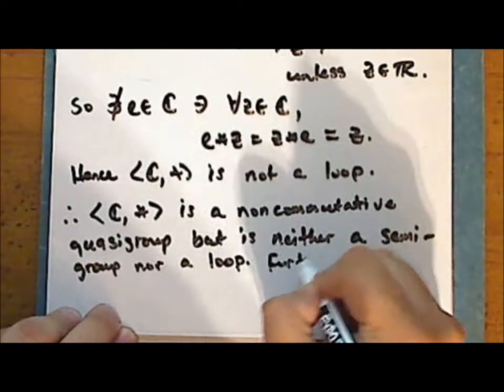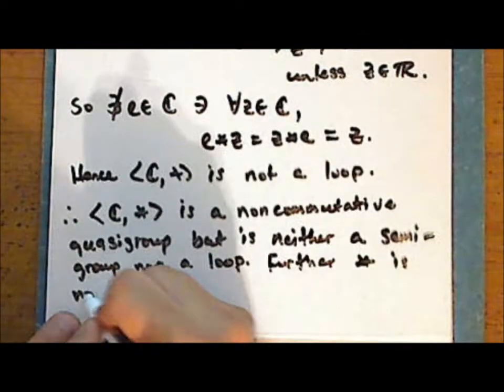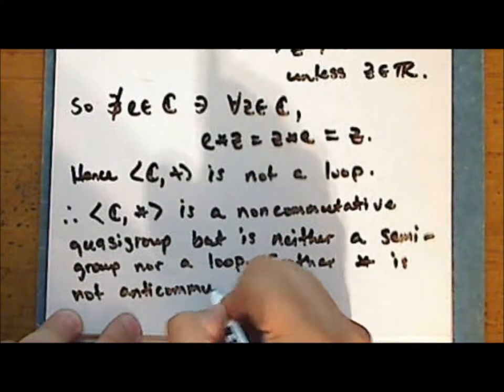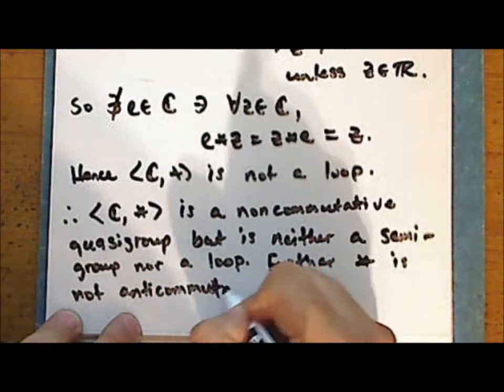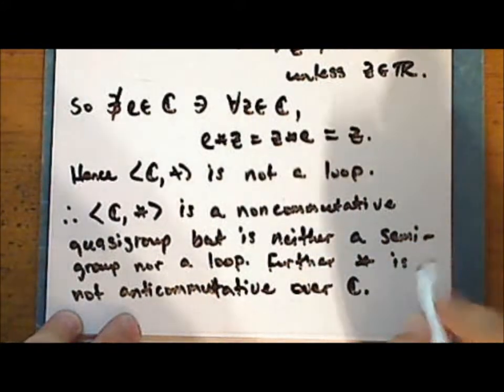Further, the operation star is not anti-commutative over the set of complex numbers.